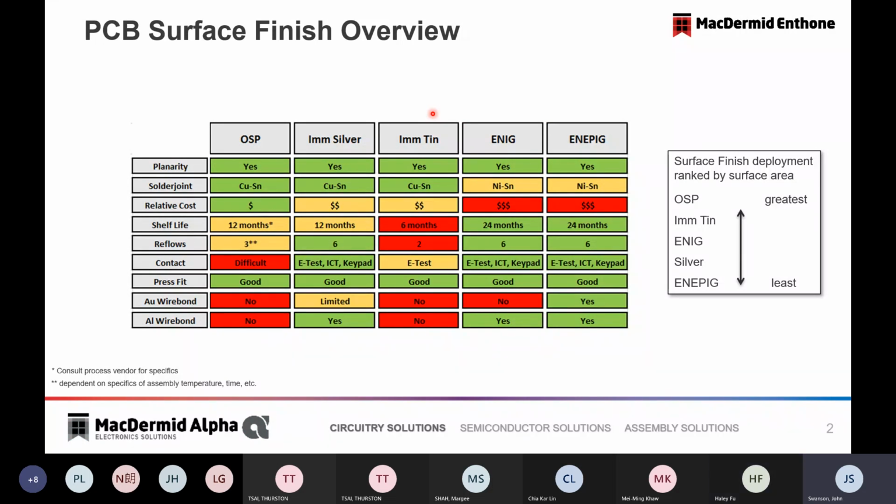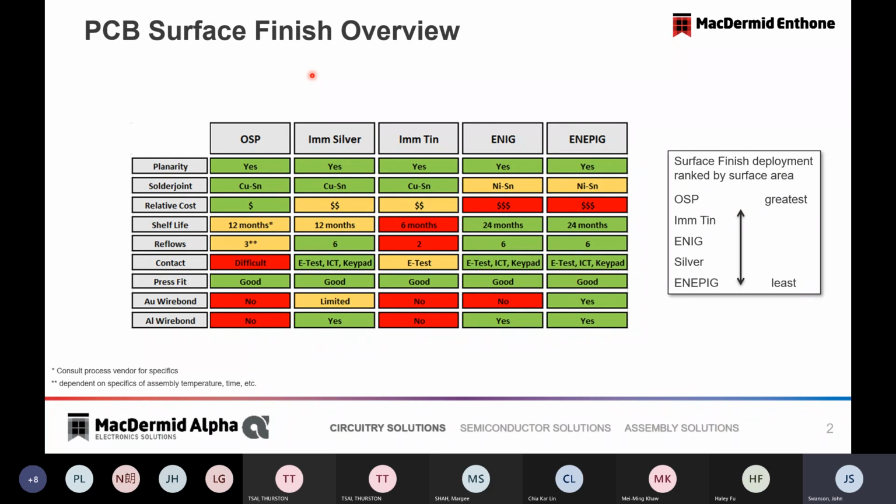And yes, this first slide here is just a simple summary to talk about some of the common finishes: OSP, immersion silver, immersion tin, nickel gold, ENIG as we simply call it, and ENEPIG. You can see a simple color code here that we want to communicate that none of the finishes are perfectly strong.